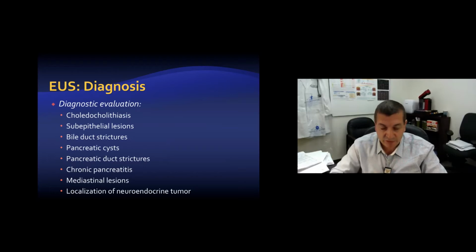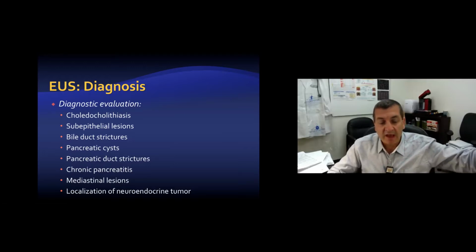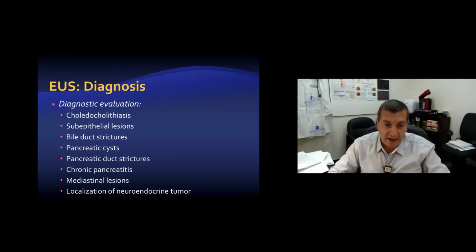That can be the most sensitive way of detecting small stones in the distal CBD. And even when MRI fails to show the stone, EUS can be more sensitive to small stones in the distal CBD. It can also be useful in identifying subepithelial lesions and trying to categorize them.